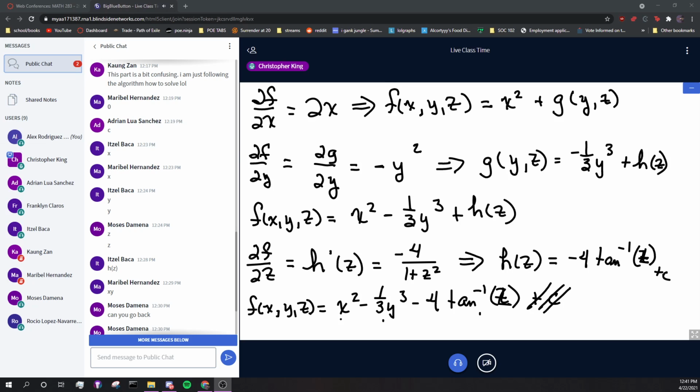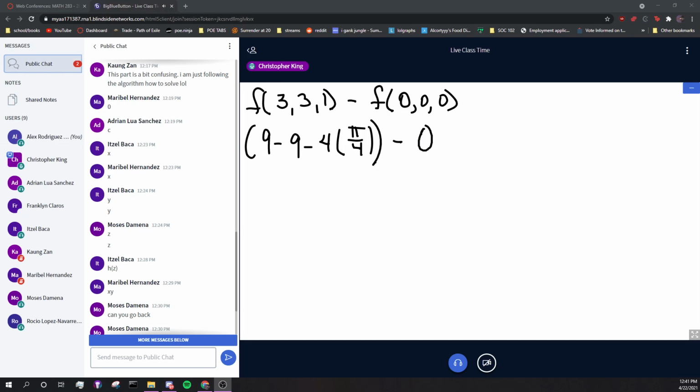If I plug in 0, 0, 0, tangent inverse of 0 is 0. So I'm going to end up with just minus 0. So if I evaluate this, what will I get? Pi? Negative pi? Yes, I'll get negative pi. And that will be the value of that integral, not the function. Any questions?